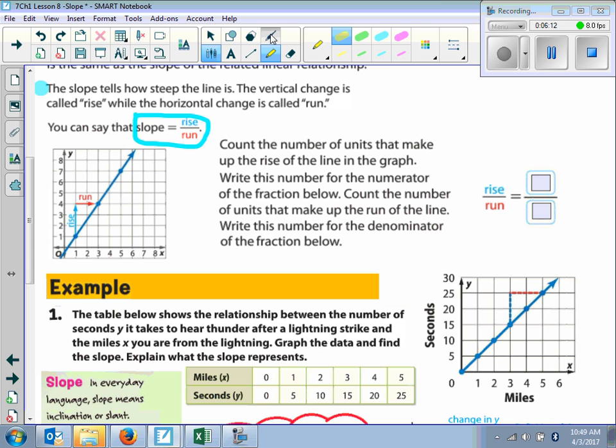So here, we're counting 1, 2, 3 for the rise. So that's going to be 3. And then we count 1, 2 for the run. So the run, the denominator, will be 2. So the slope here will be 3 over 2, or 1.5. Is everybody clear?